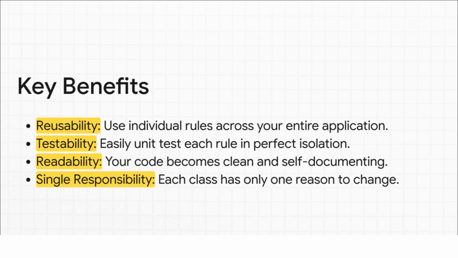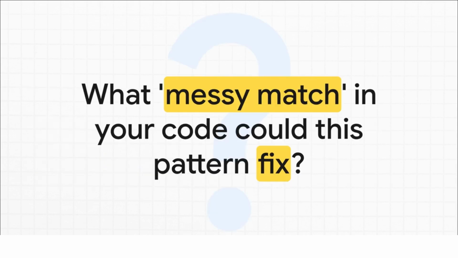And finally, it perfectly follows the single responsibility principle, which is just a cornerstone of good software design. Now look, is it overkill for a simple if statement? Yeah, probably. But when your business rules are complex, when they're always changing and evolving, this pattern is an absolute lifesaver.